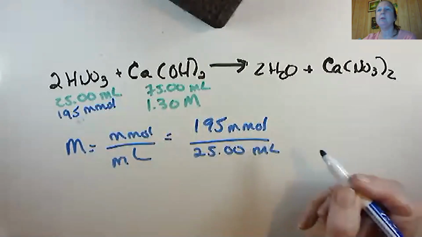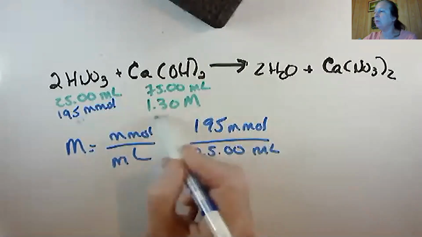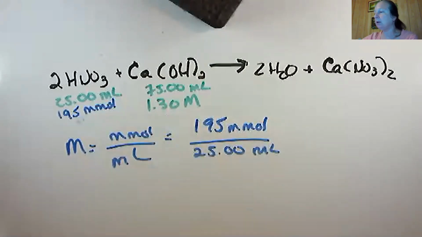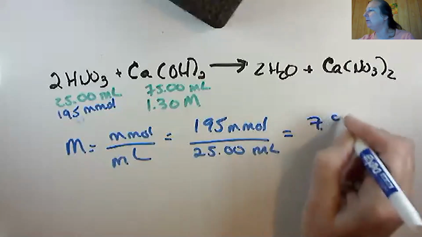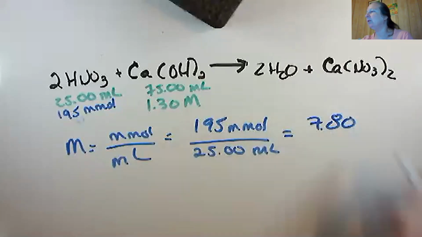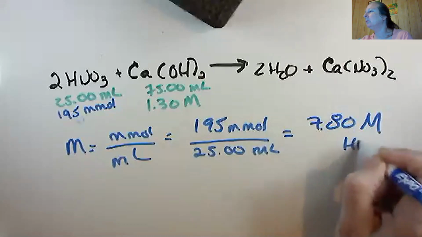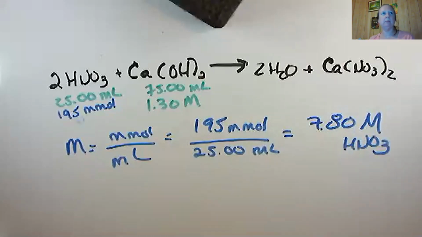We are doing 3 sig figs because this was given to us in 3, and so that would set the number of sig figs. So I get 7.8, but it's got to be 3 sig figs, so it's 7.80. And that is the concentration, the unknown concentration of our acid.